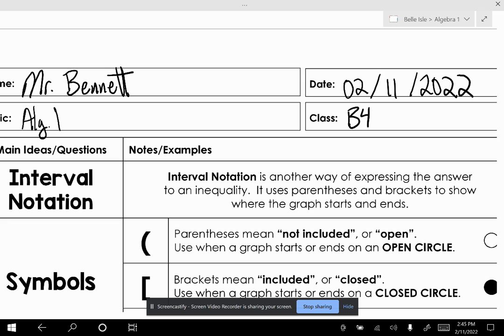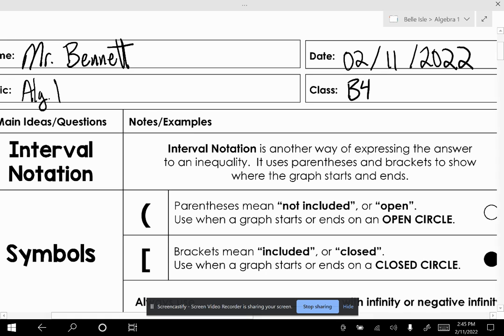I'm just asking. Okay. Interval notation. So we are working with inequalities today, but we are going to be learning how to write our answer in interval notation. Once you get to Algebra 2, you will have 3 different ways that you can write your answers when you are solving inequalities.